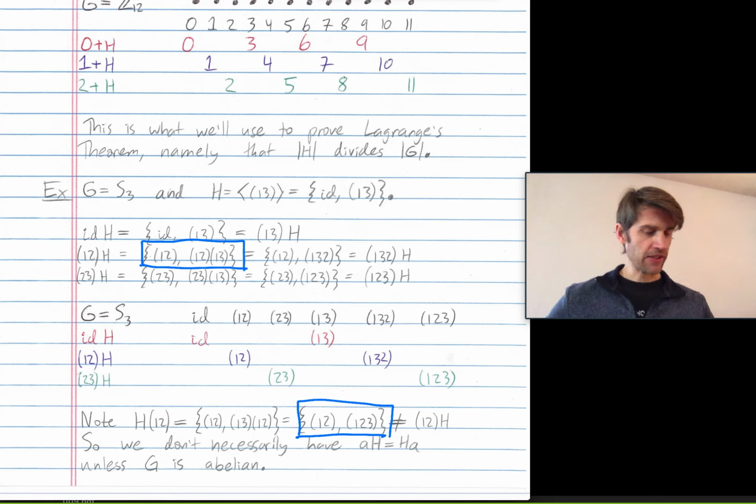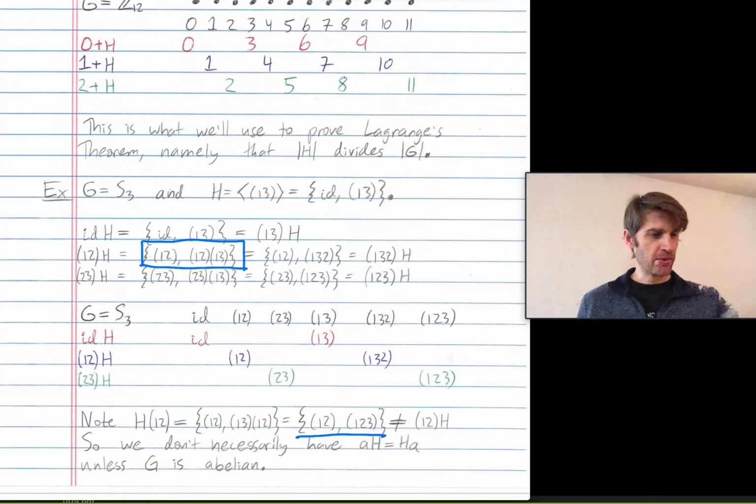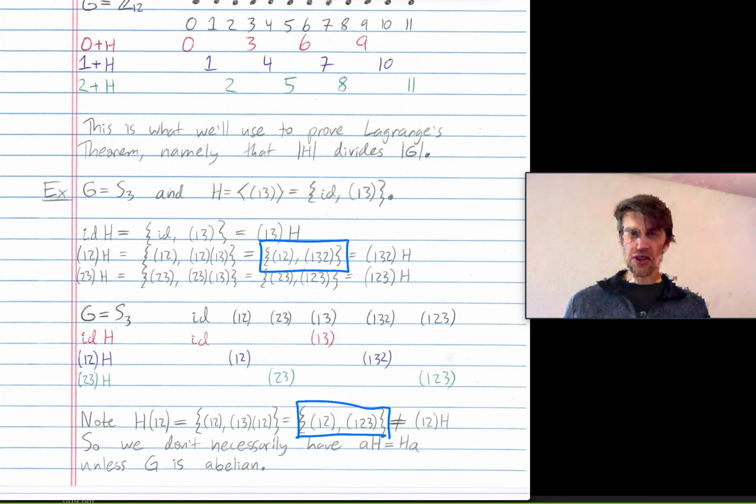You see that? They both have (1 2). Let me draw this again. I meant to highlight this one. So this right coset H(1 2) and this left coset (1 2)H, they both have (1 2) in them. But other than that, they're different. One has the 3-cycle (1 2 3), whereas the other has the 3-cycle (1 3 2).